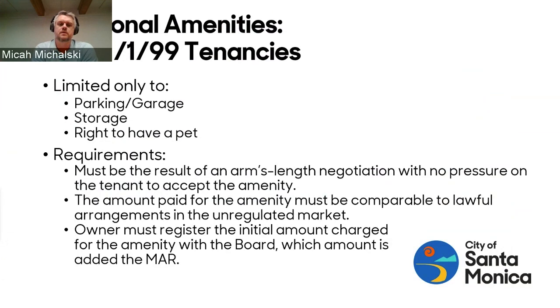The amount paid for the amenity must be comparable to a lawful arrangement in an unregulated market, so it needs to be a fair market value. And the owner must register that initial amount charged for that new amenity with the board. And that amount is then rolled into the MAR, so it is then subject to the general adjustment each year. So that number all gets combined together, and that is what gets adjusted each year by the general adjustment. Slide, please.